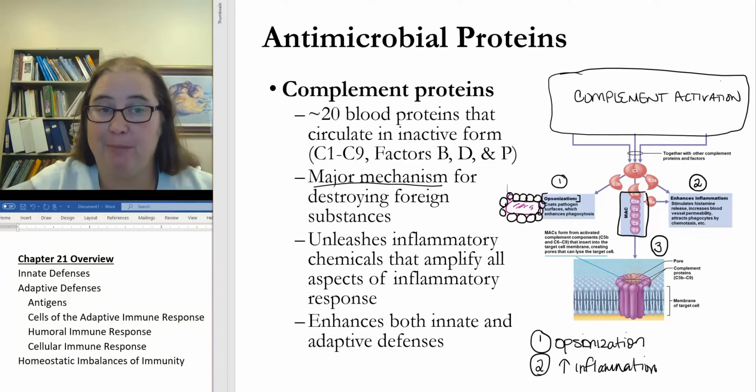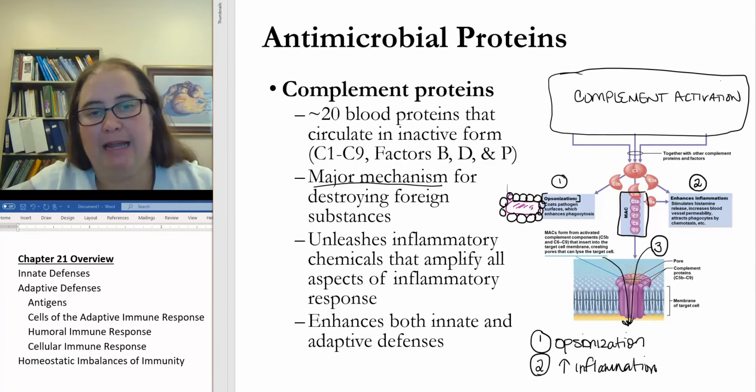And this is called the MAC complex, or I call it the MAC molecule. And this molecule then inserts itself into the membrane. And what happens is this creates pores throughout the membrane and causes a massive rush of fluid inside into the cell and causes it to lyse.